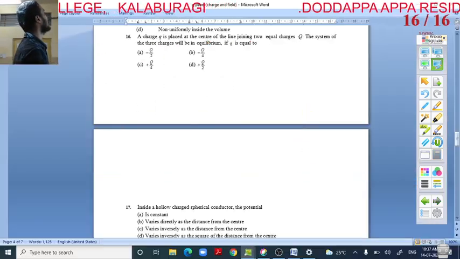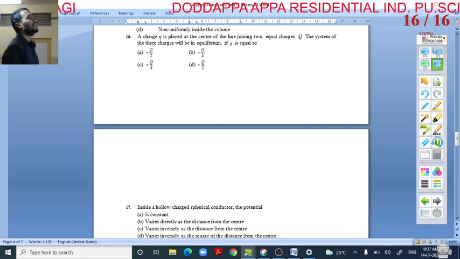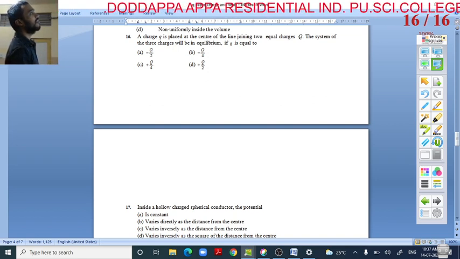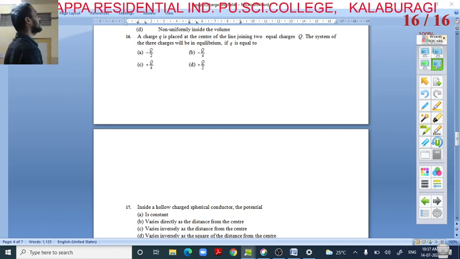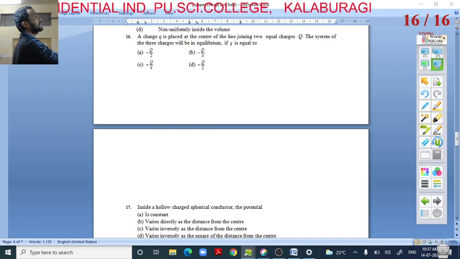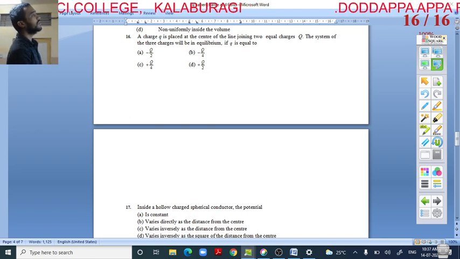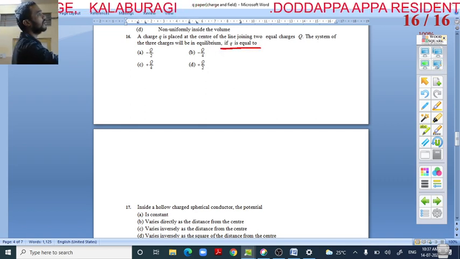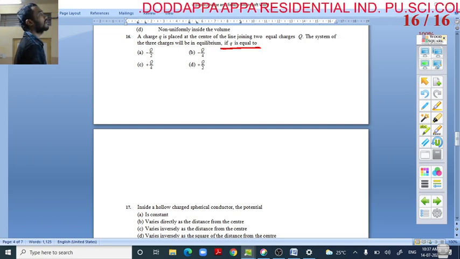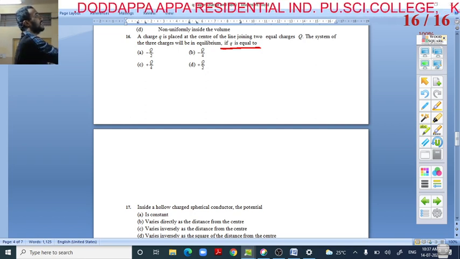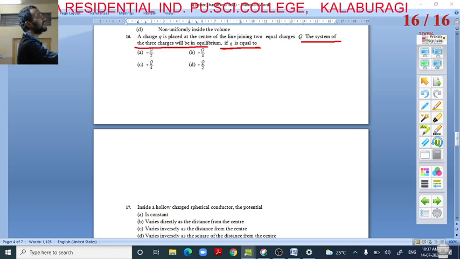Question number 16. A charge q is placed at the center of the line joining two equal charges Q. The system of the three charges will be in equilibrium if q is equal to what?